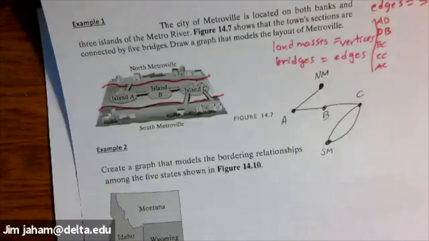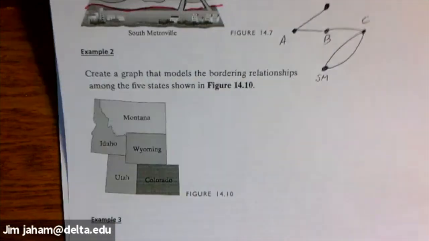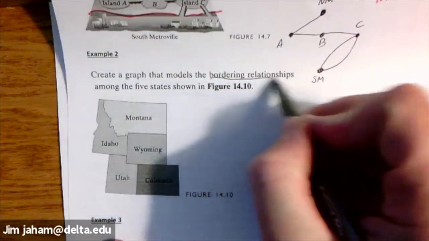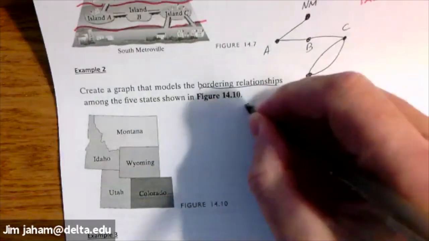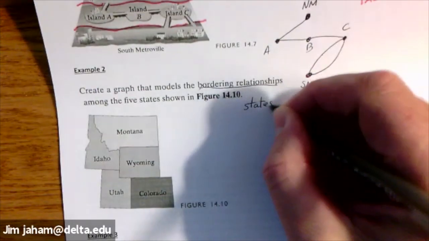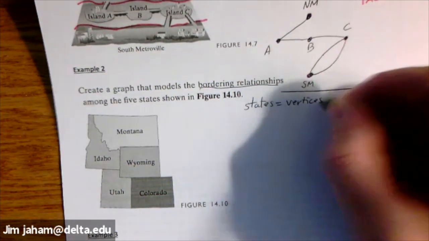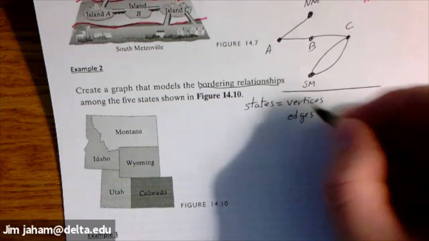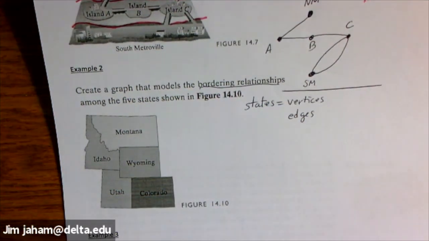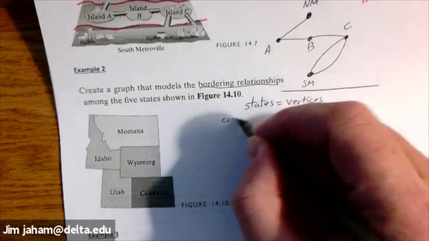We can also model a map based on bordering relationships. So in the states, we will let them be our vertices. And then for the edges, we're going to draw an edge between 2 vertices, which are states, if they have a common border.